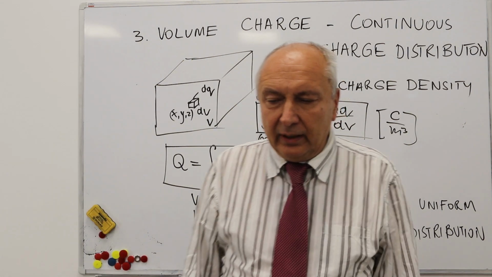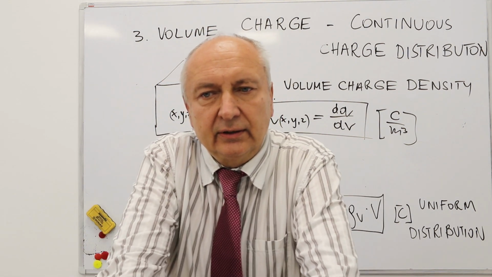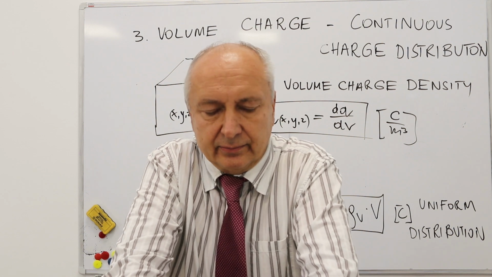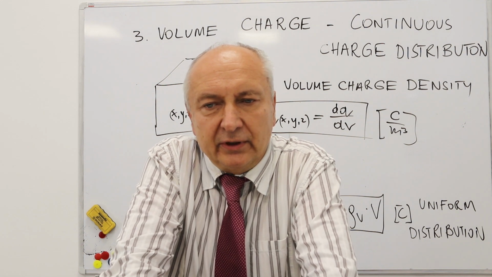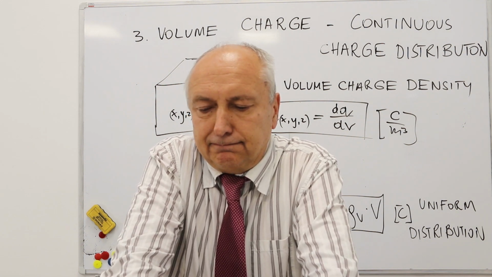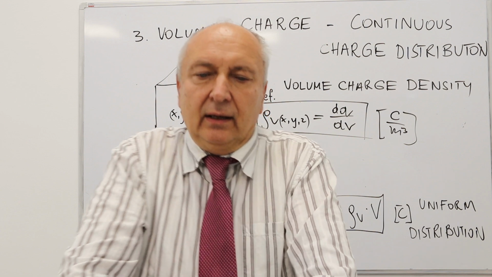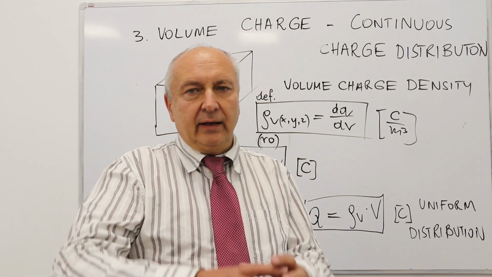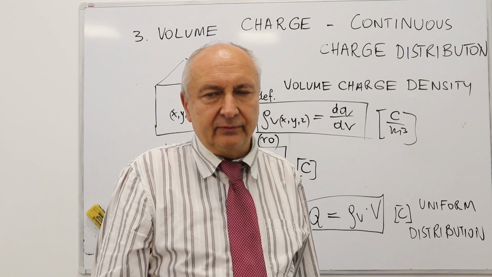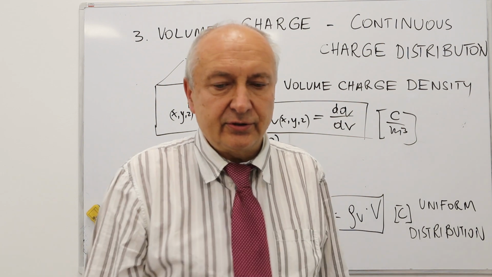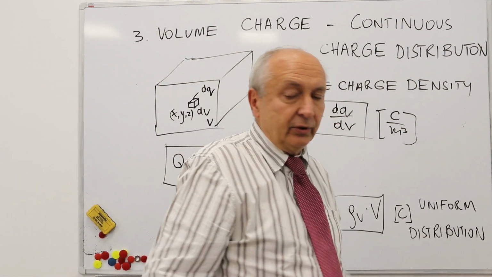But where can we find surface charge distribution and line charge distribution? We can find surface charge distribution when we charge a metal, for example a conductor. When we charge a conductor, the only stable position of the charge is on the surface of the piece that we charge. And we can have uniform distribution only on a ball.